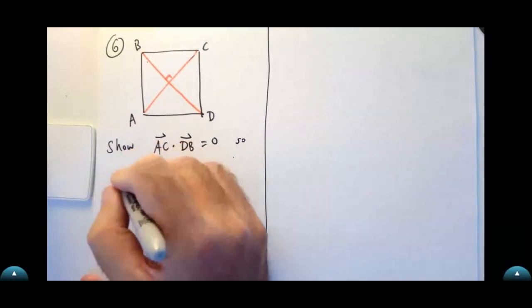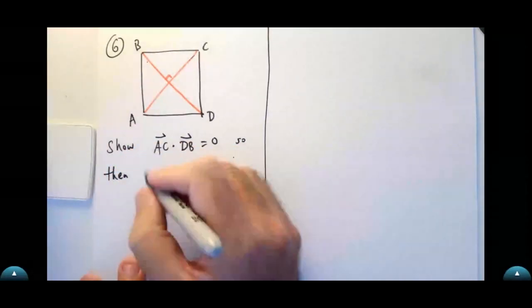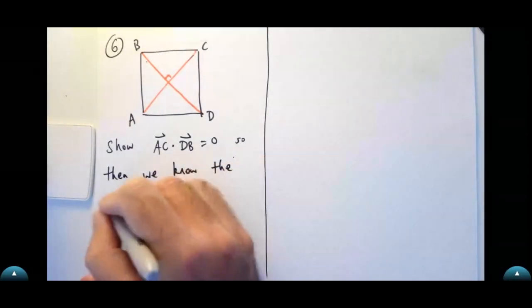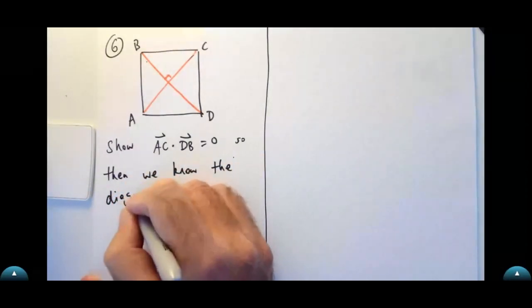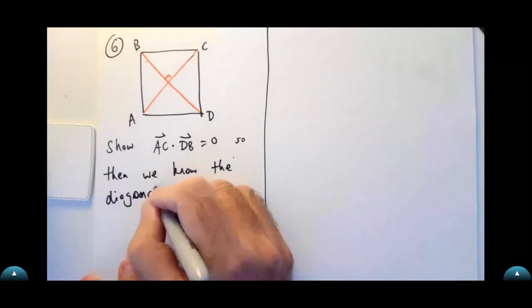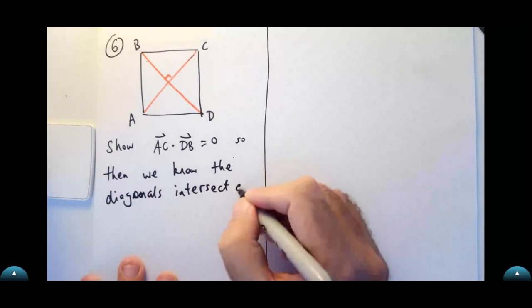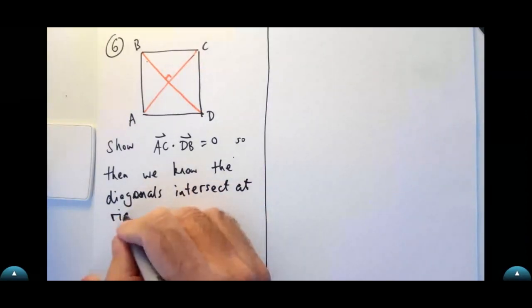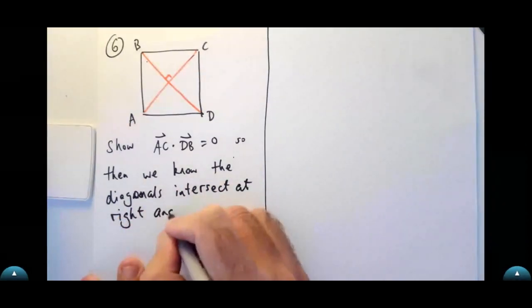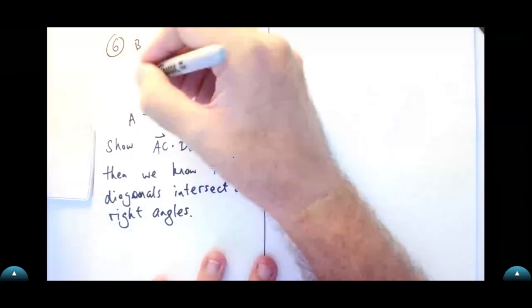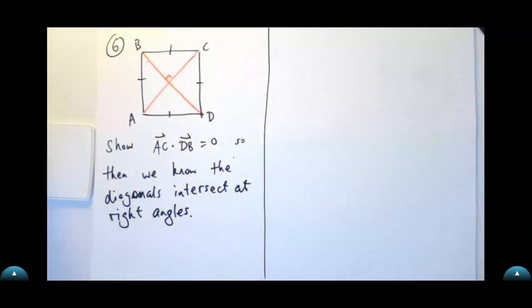So the diagonals intersect at right angles. Okay, so this is a square, so that side, that side, that side, and that side are all equal in length.